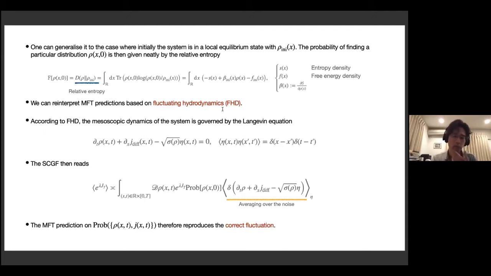Now you can interpret MFT predictions based on fluctuating hydrodynamics. What fluctuating hydrodynamics says is that the macroscopic dynamics of many-body systems should be governed by Langevin equations, not only these diffusive equations or the Stokes equation, but you also have to put in the noise just to ensure the fluctuation-dissipation relation.